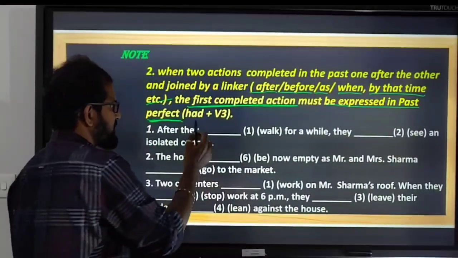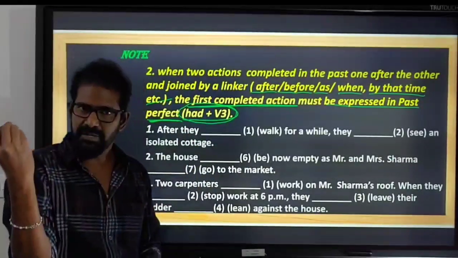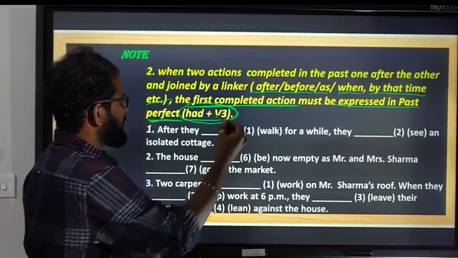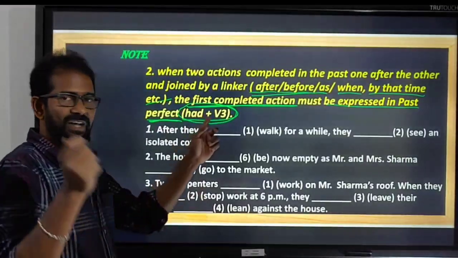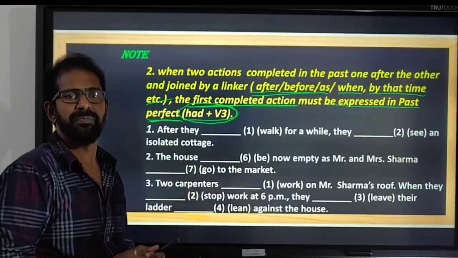What is the form of the past perfect? Had plus V3. If two actions happened in the past, one after the other, and joined by a linker, then the first completed action must be expressed in past perfect.